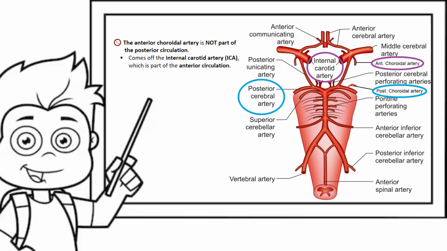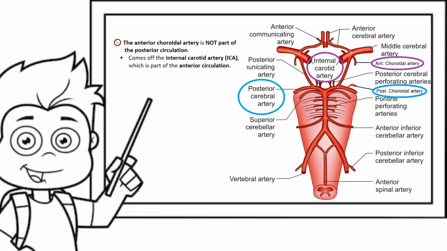And why does this matter? This matters because understanding where an artery comes from will help you a lot to interpret strokes, predict symptoms, plan treatment, and to ace exams. Yeah, ace exams. For example, a problem with the posterior circulation may affect balance, vision, or even consciousness, and that's because it feeds the brainstem and the occipital lobe.